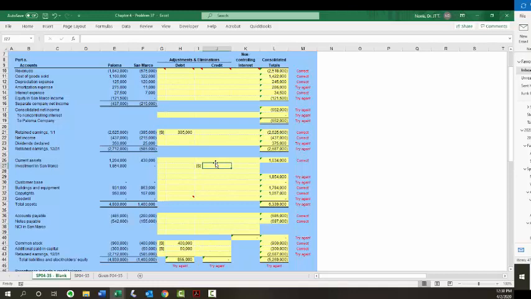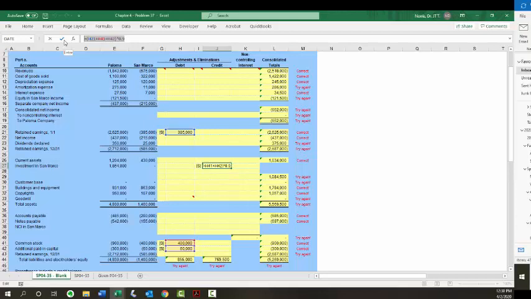So what we're going to do is take the sum of those three, the retained earnings, the common stock, and the additional paid-in capital, and multiply it by the interest, which is 90%. And that's going to give us $769,500 for the credit to the investment account, because that's our pro rata share.